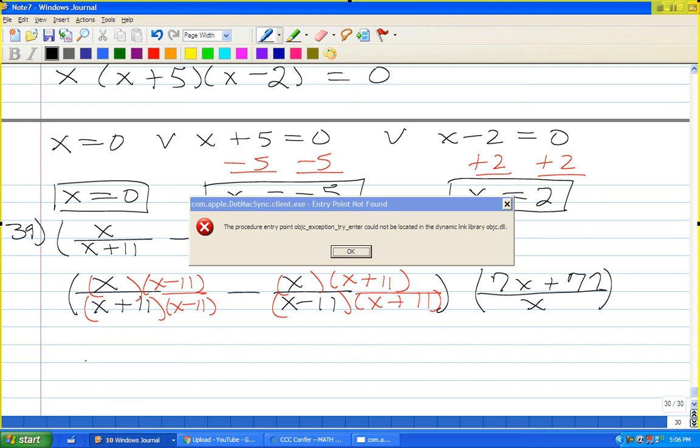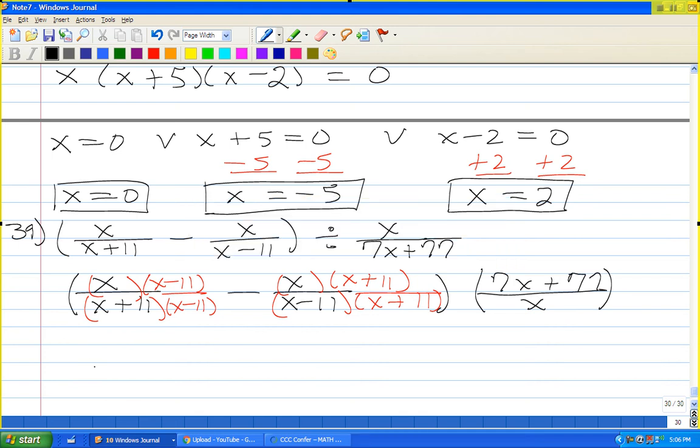And so I get the following. Let me write it with that bracket. And maybe I'll put a plus there, so it'll look a little nicer.